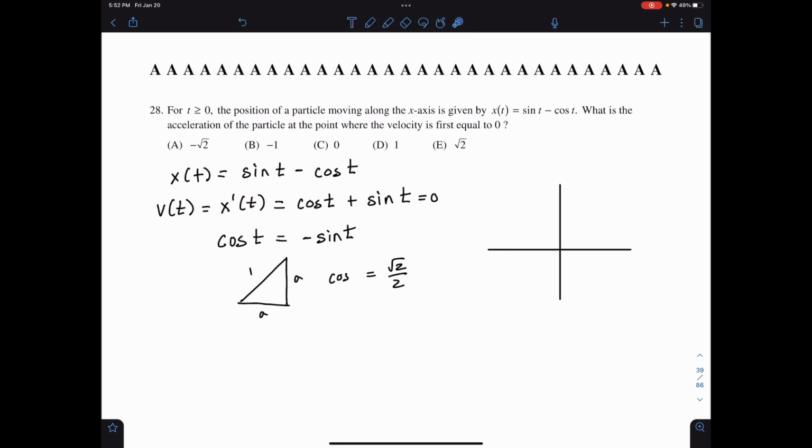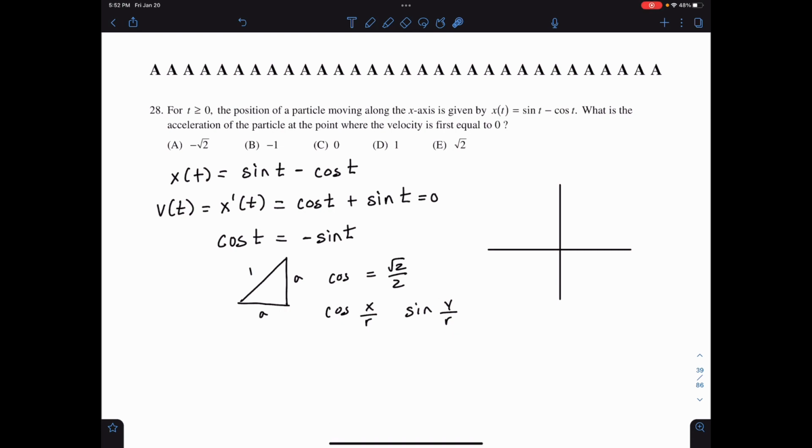But the sign here changes based off the quadrant we're in. So if you remember, cosine is x over r and sine is y over r. So whenever we're in a quadrant where the x values are positive, we'll get a positive root 2 over 2. And wherever the y values are positive, we'll get a positive root 2 over 2.